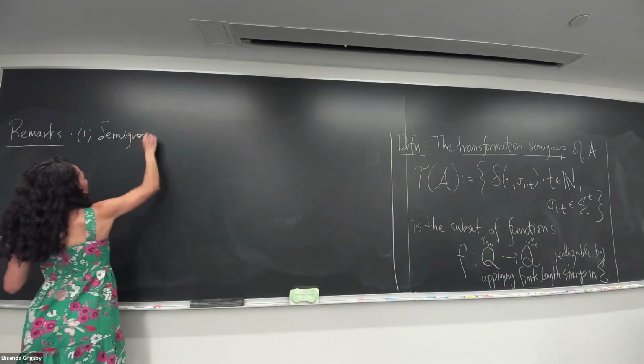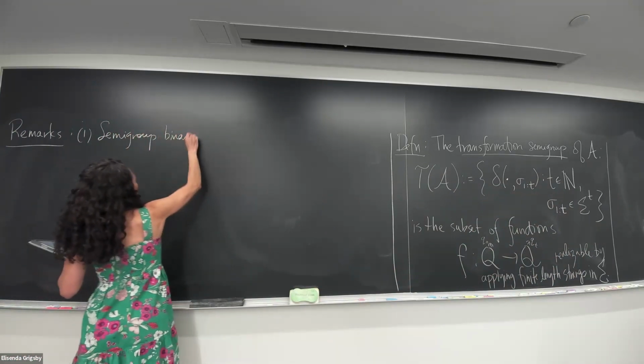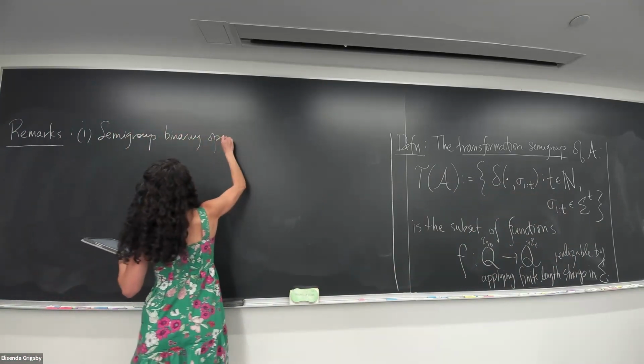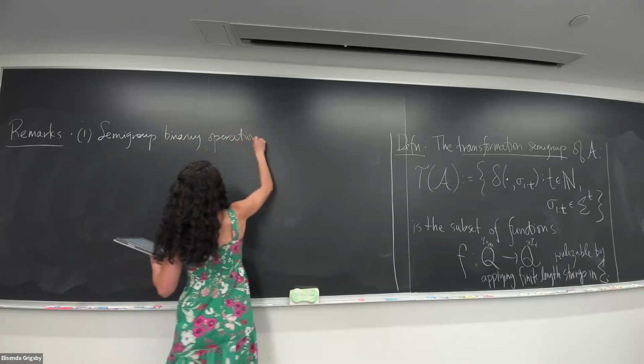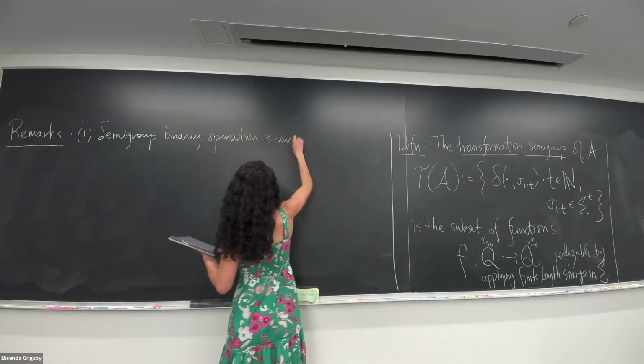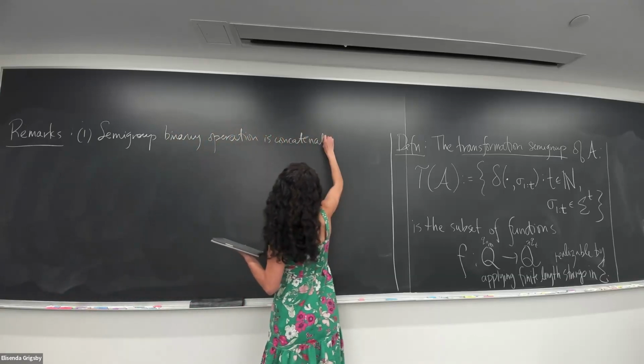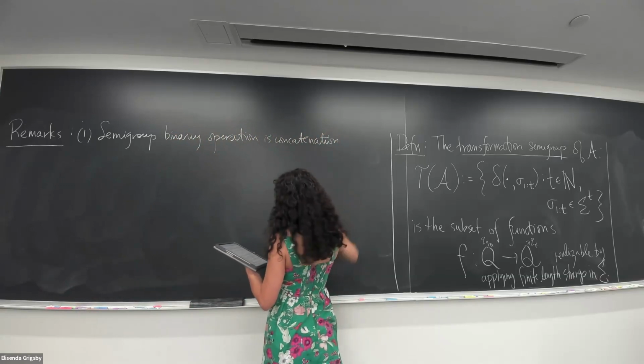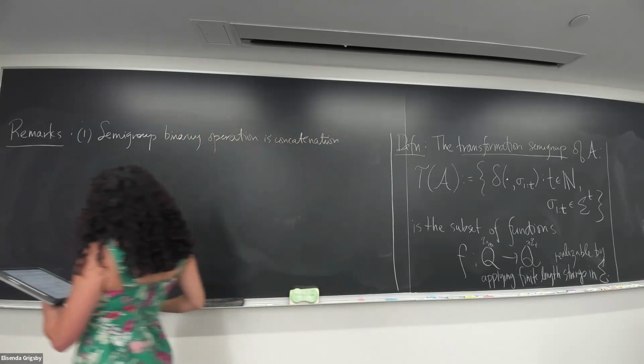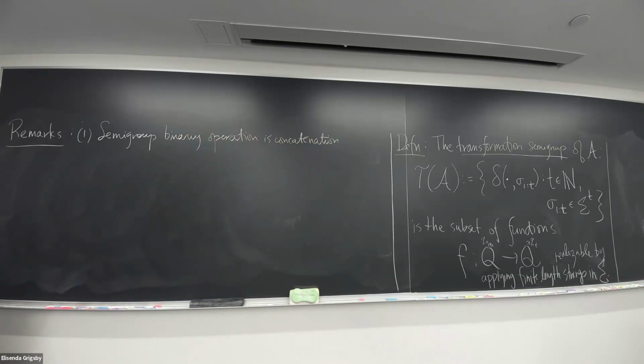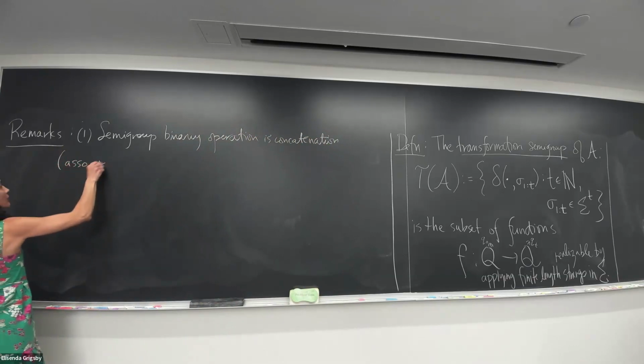The group binary operation is concatenation of strings, which is associative but not commutative.